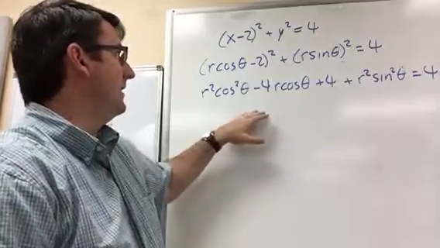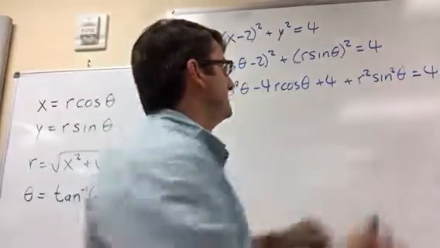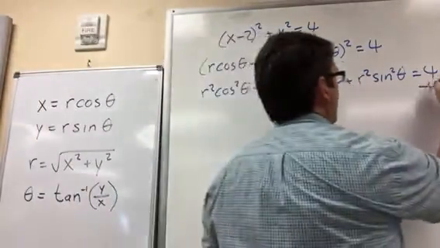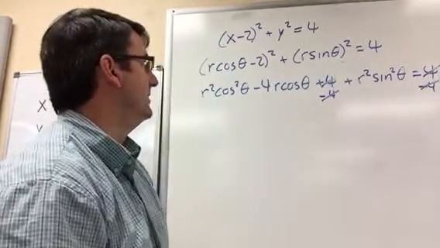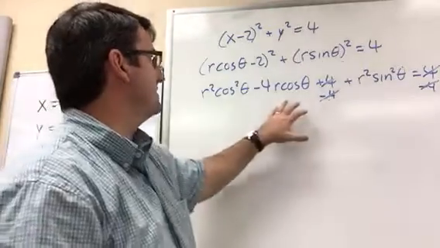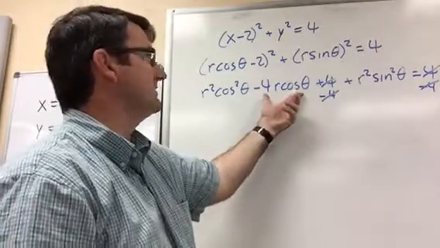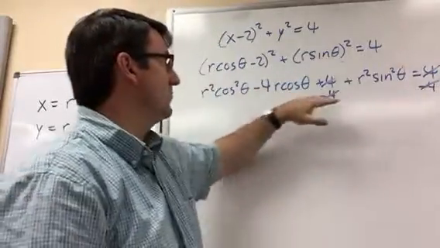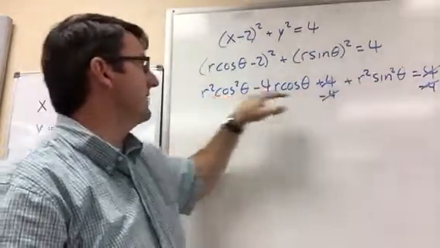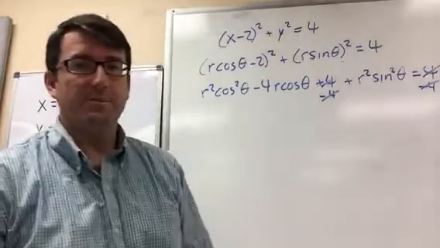All right, now we've got a 4 on both sides, so if we subtract 4 from both sides, those will all add to 0. And now let's also move this negative 4r cosine theta over to the other side, because what we want to do is isolate these r squared terms.